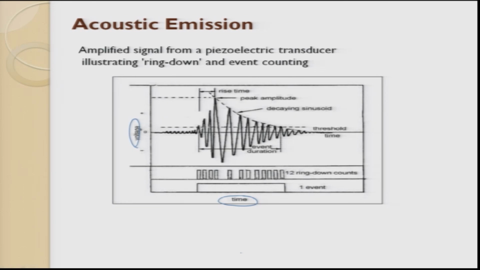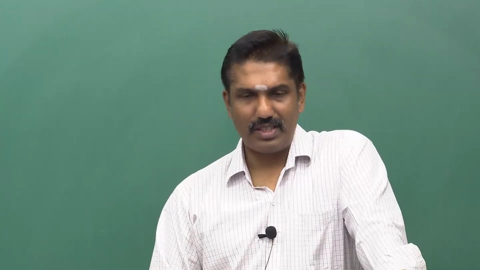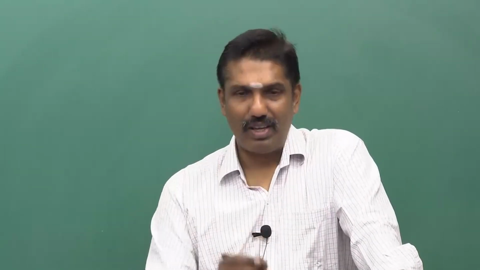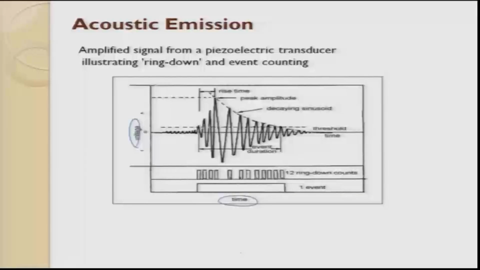The only difference between ultrasonic sensors and acoustic sensors is the frequency range. For vibration signals, acoustic signals and ultrasonic signals, the difference is only the range of frequency. Typically in a signal, the first point is called the rising time. Rising time means the time taken for an event to happen.